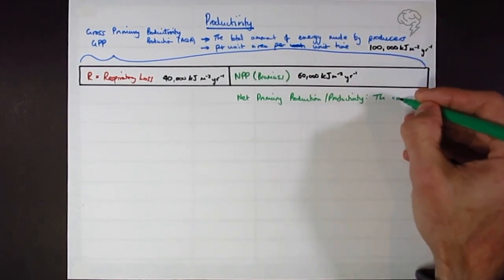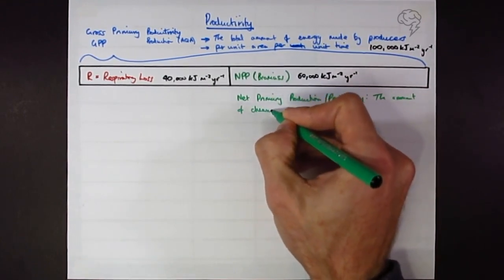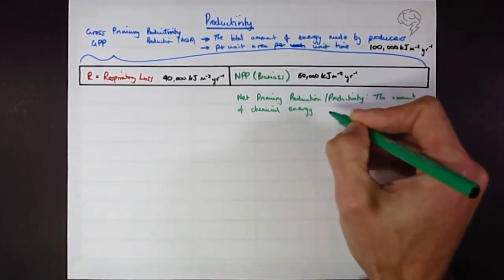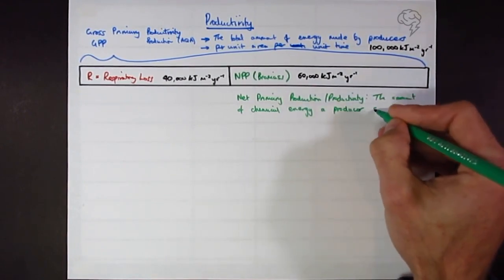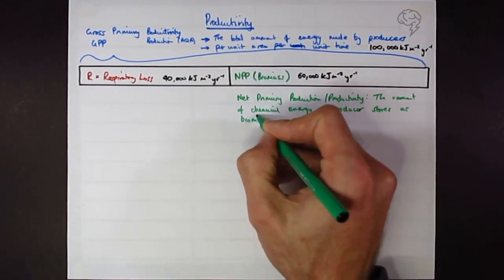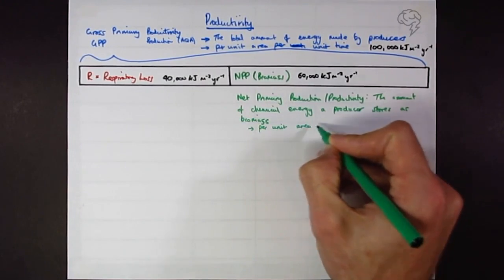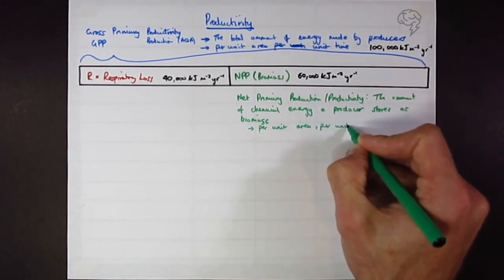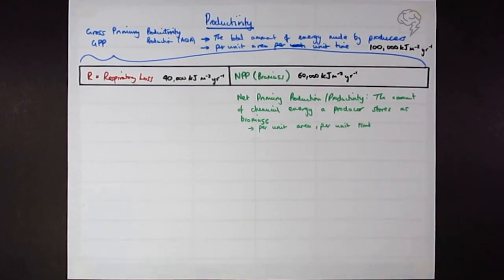And again, the units are per unit area, per unit time. This is also per unit area, per unit time. Which means our units are kJ per meter squared per year.